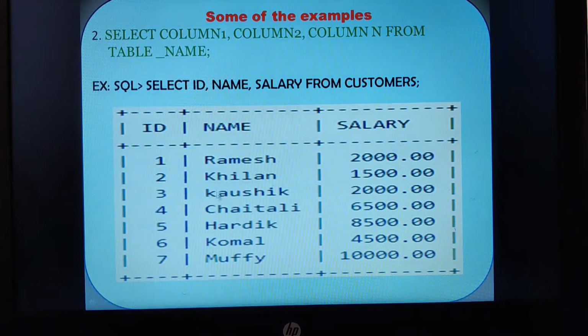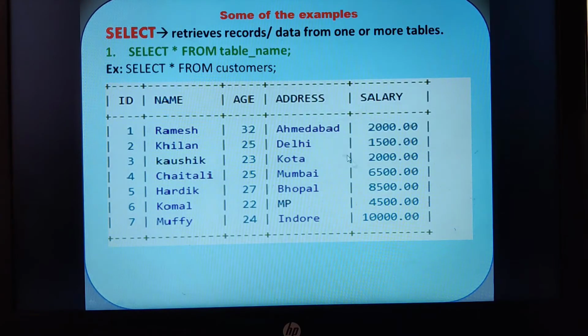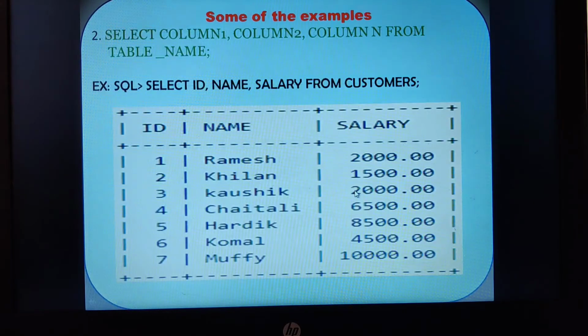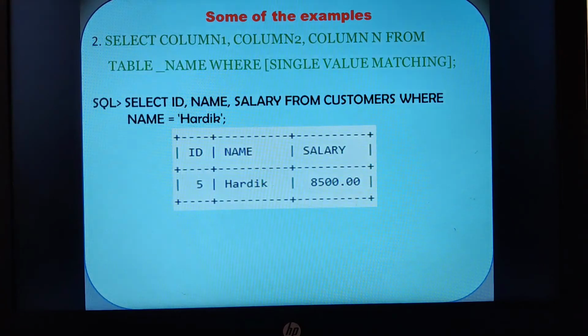You can see here in my original table, Hardik's ID is 5 and his salary is 8500. So age and address are not included. Based upon this particular name known as Hardik, this select command is retrieving me the record from the table. I hope you are able to understand, students.